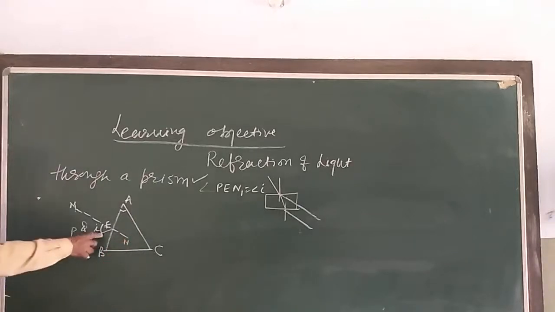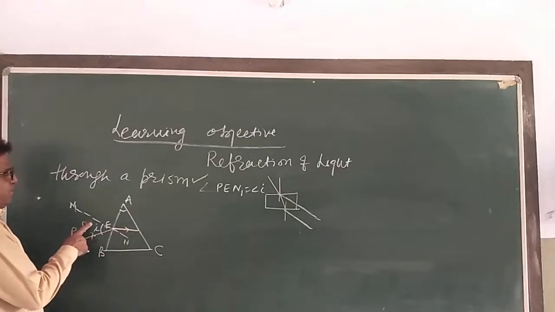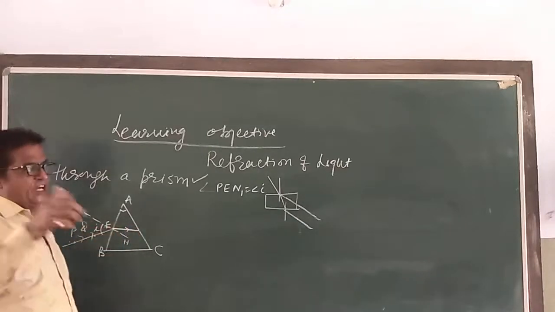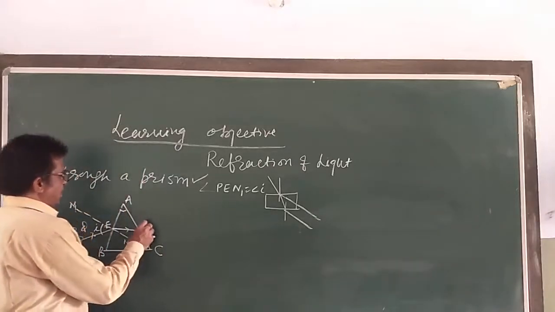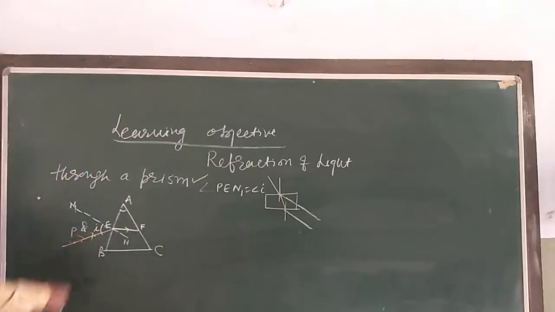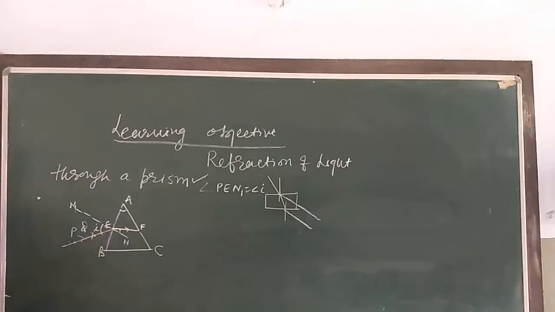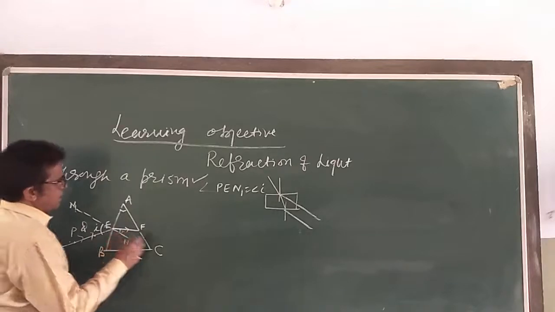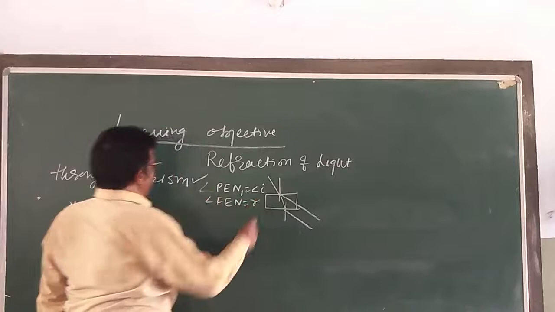The incident ray PE is refracted at E along EF. Say like this. It is glass, the other is air medium. When it enters the glass medium, it will bend towards the normal. This is F. Angle FEN is called the angle of refraction.